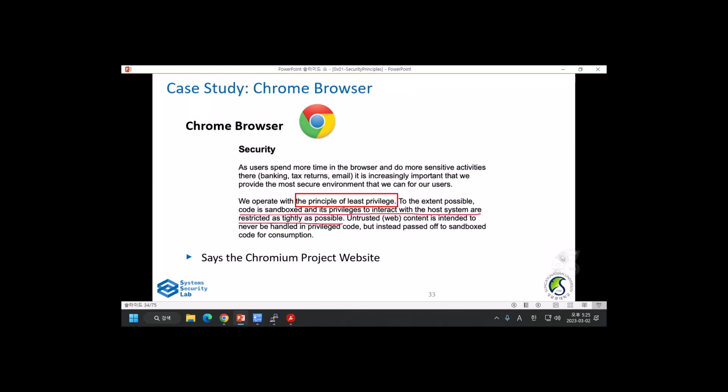It's from that really old 1975 document. So we operate with the principle of least privilege to the extent possible. Every code is sandboxed, and its privileges to interact with the host system are restricted as tightly as possible. Untrusted input is never handled in privileged code, instead passed off to sandboxed code for consumption.